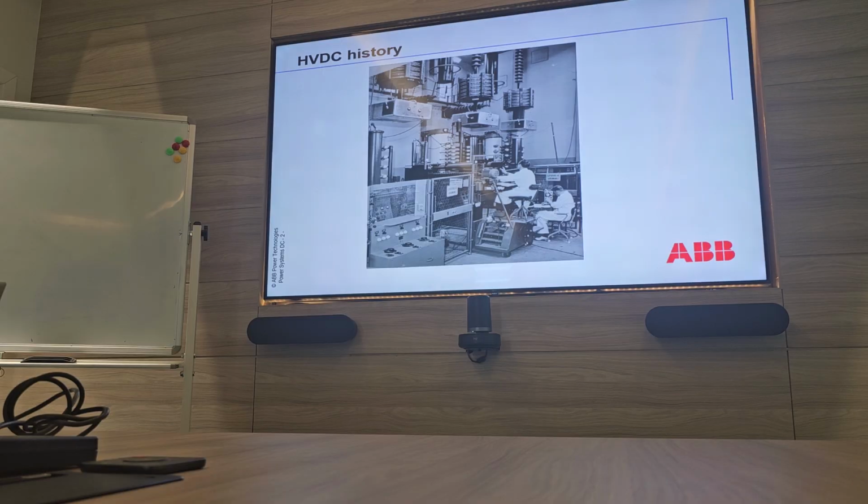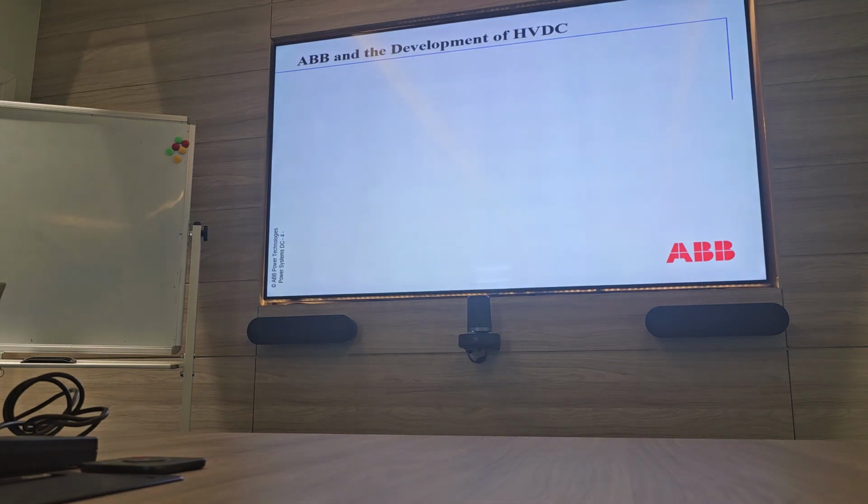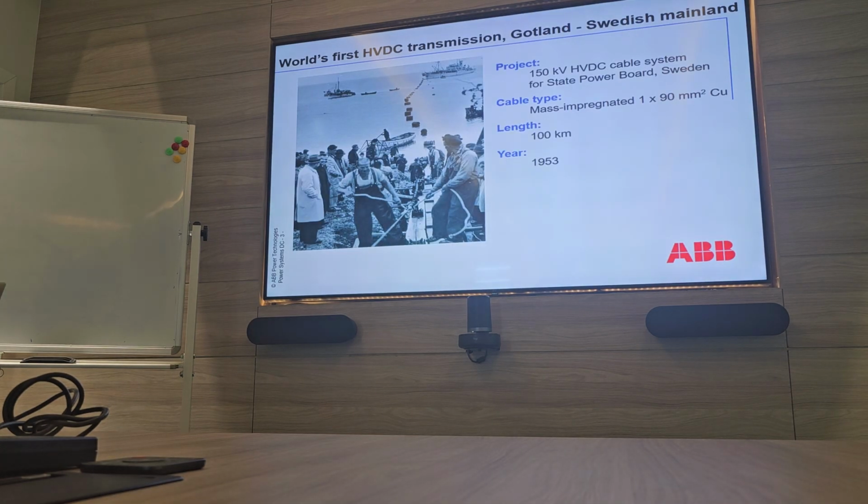So this is just a history picture. HVDC was invented by one scientist, Lamm, in Sweden. In the very early days, he discovered this technology, very long back. HVDC was first energized in 1953.